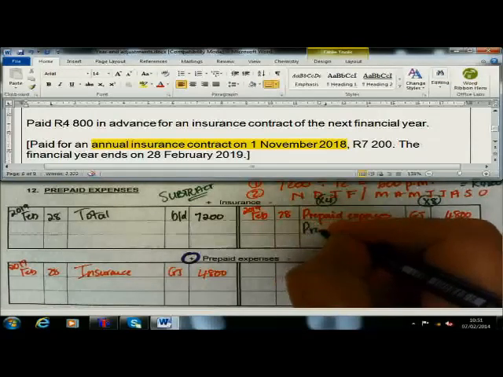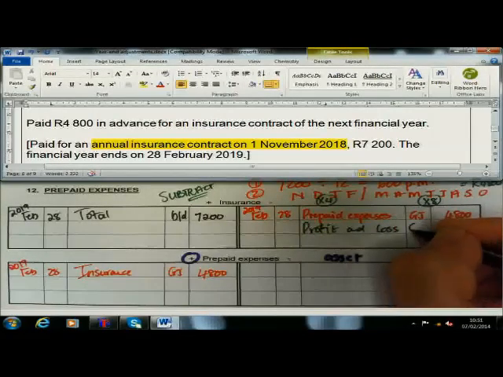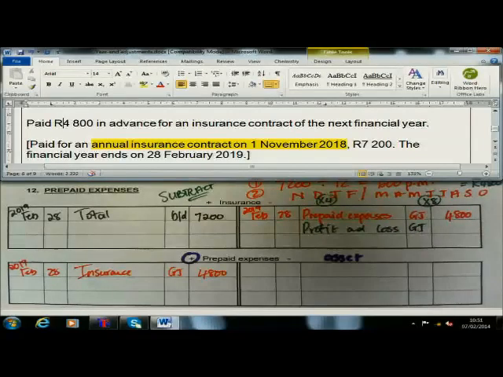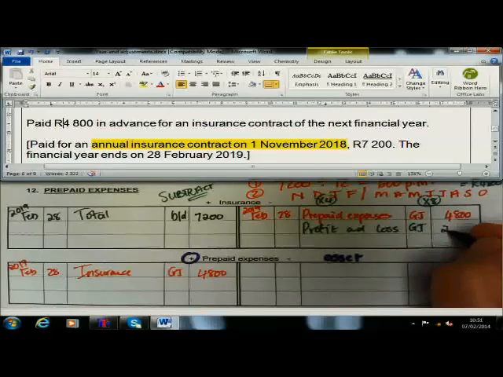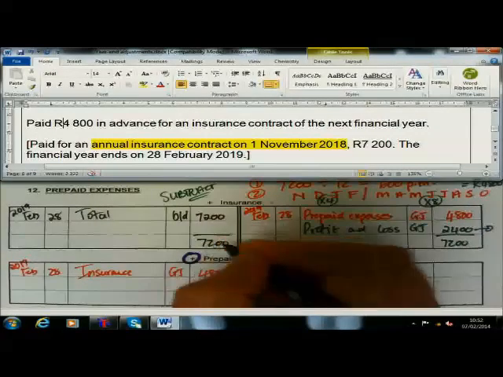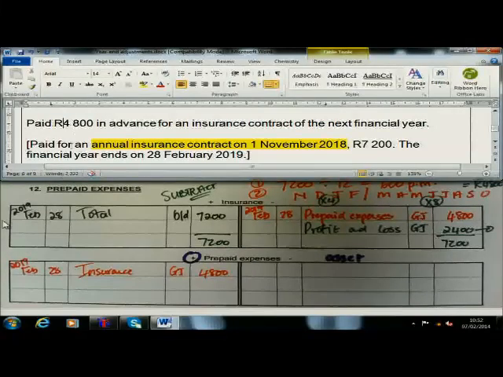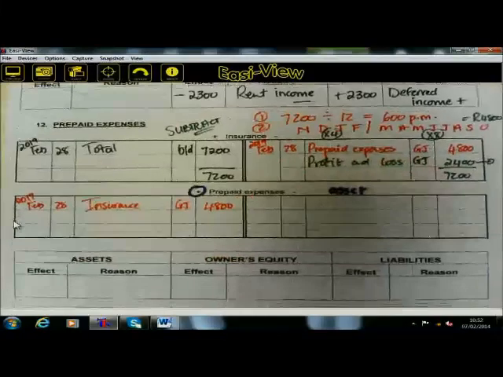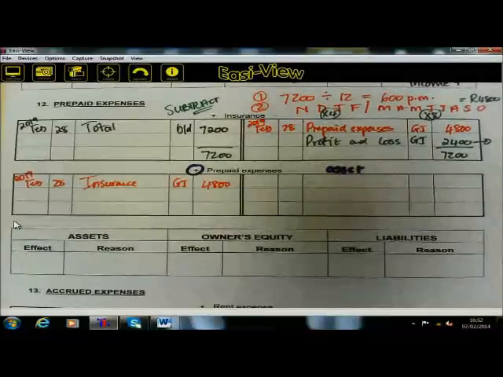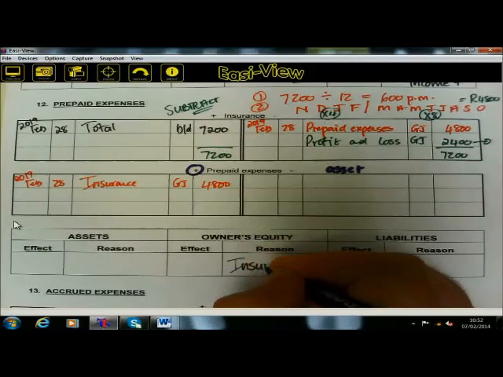So this one is going to close off to profit and loss. 7,200 minus the 4,800, and that 2,400 was the real insurance amount for this financial year. There's less insurance.